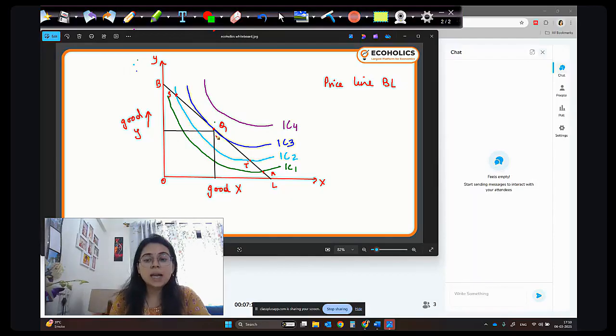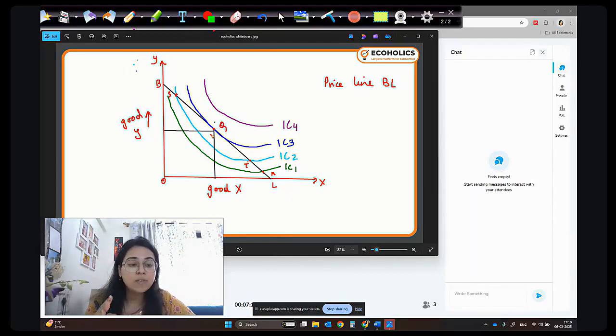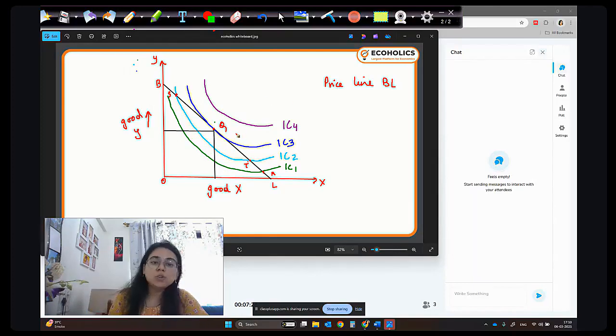So the consumer is at equilibrium when his budget line is tangent to the indifference curve, and IC4 is unachievable for him. This tangency at point Q shows that the slope of the budget line and the slope of the indifference curve are equal.